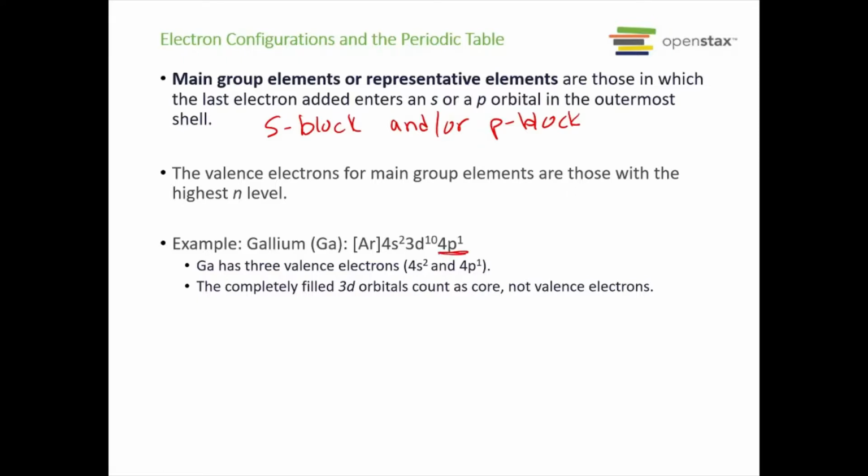And it has a total of 3 valence electrons, not the 3d, that's not part of the valence shell, but the highest energy level, which is 4, is. So we have 2 from the s, 1 from p, so it has 3 valence electrons. Okay, that filled 3d orbital, these are core electrons, not valence electrons, but they do not go in with argon, for instance. They don't go into the abbreviation here because argon does not have a 3d10 orbital.